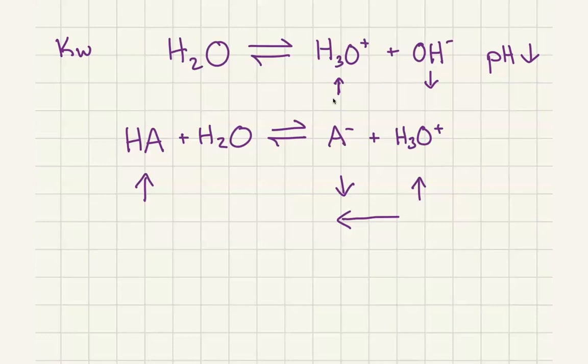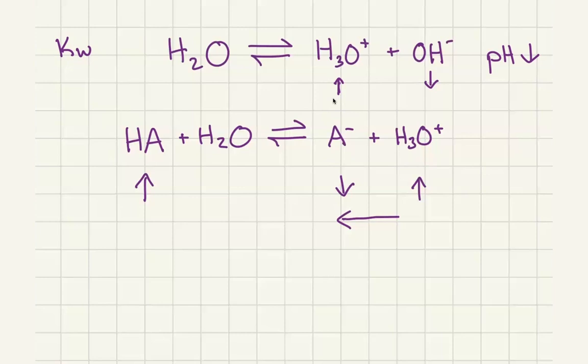Okay, so now let's see what happens if we add a strong base. If we add a strong base, we need to remember that we're not adding the conjugate base. Just like before, when we added a strong acid, we were adding basically just free protons, not our conjugate acid.